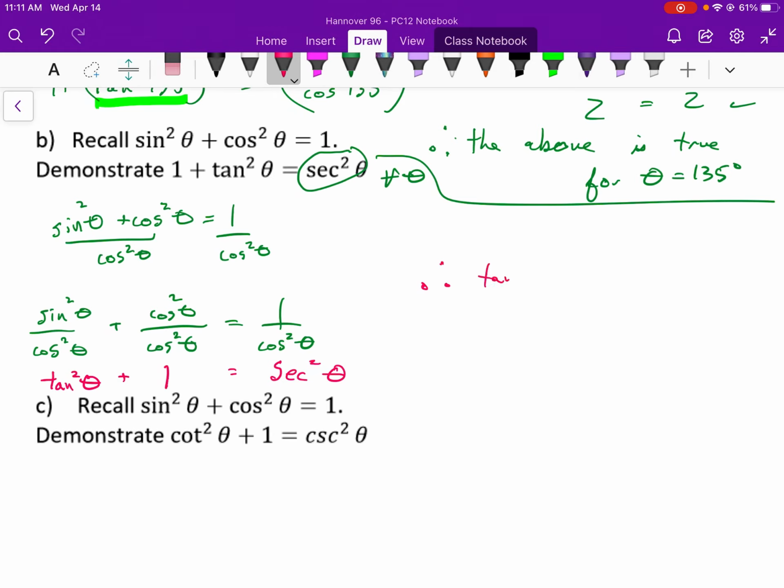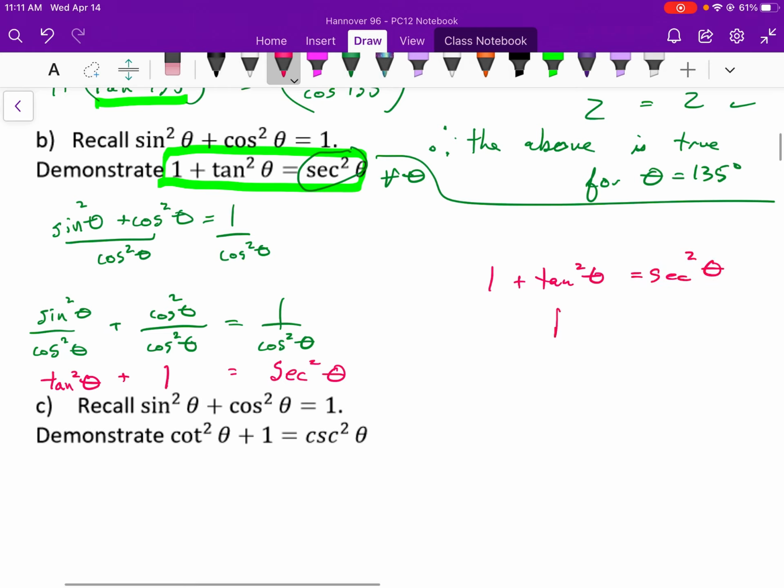Therefore, tangent squared theta plus 1 is equal to, you know what, I'm asked to prove this. So I'm just going to restate my problem in terms of the original question. 1 plus tan squared theta is equal to secant squared theta for all theta.